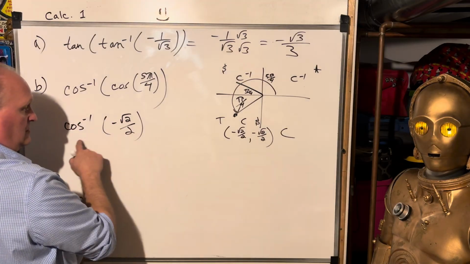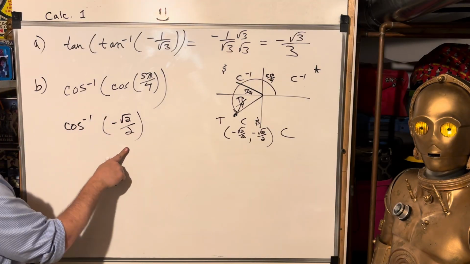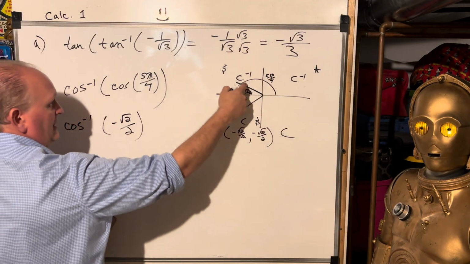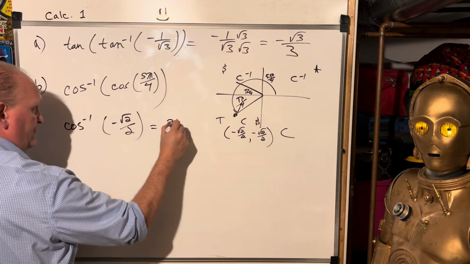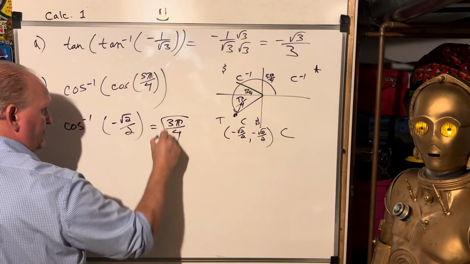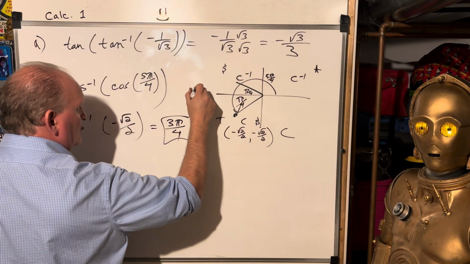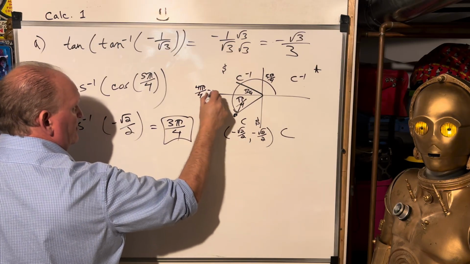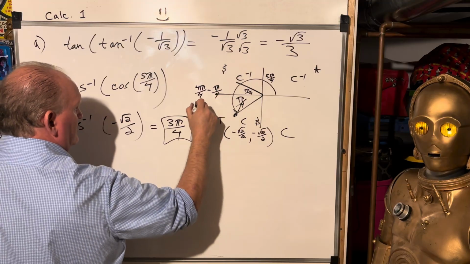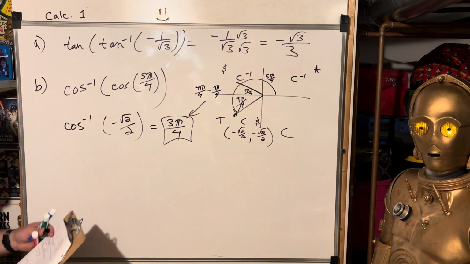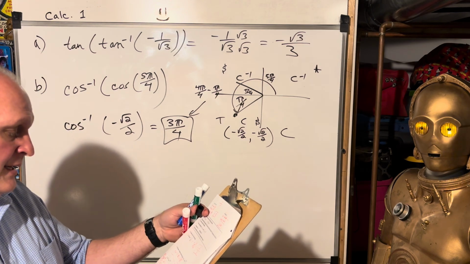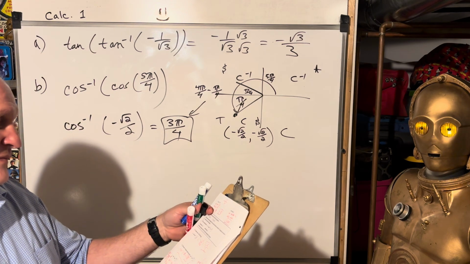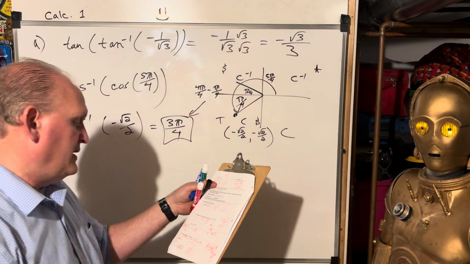And so I do the arc cosine of that and end up with the 3 pi over 4. Because, right, it's 4 pi over 4 minus pi over 4 is 3 pi over 4. Okie dokie. Then C. Yeah, they got a little mix and match there.